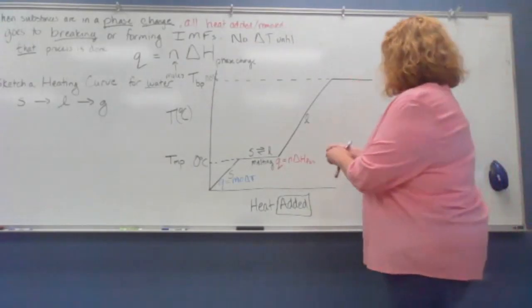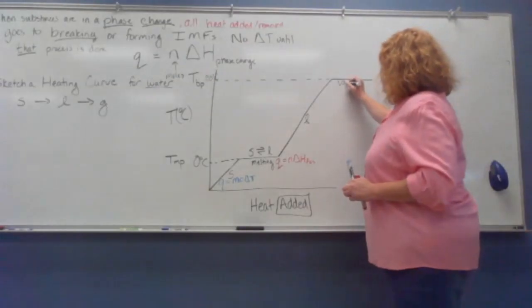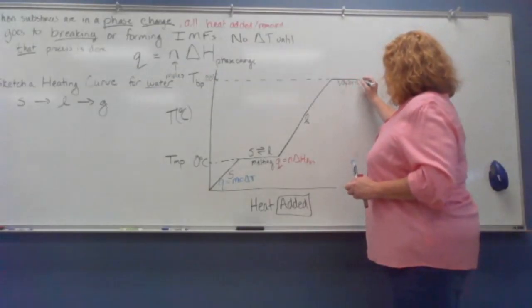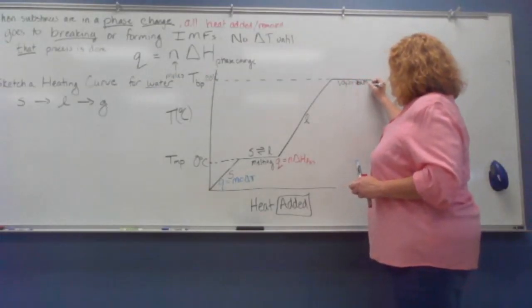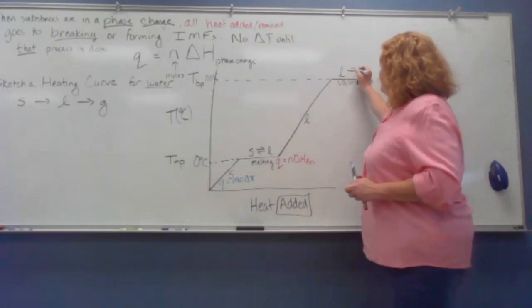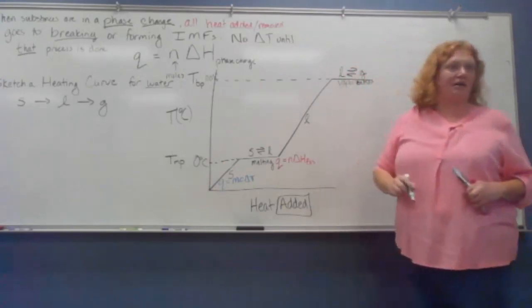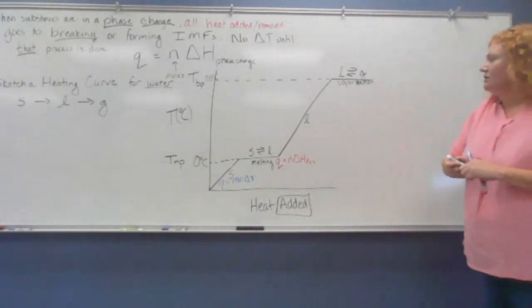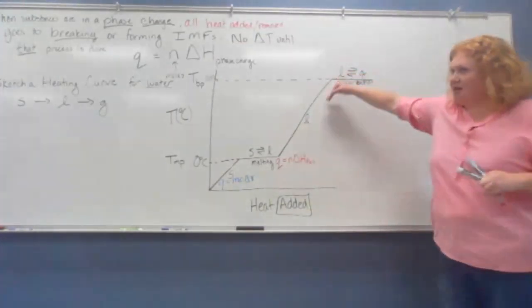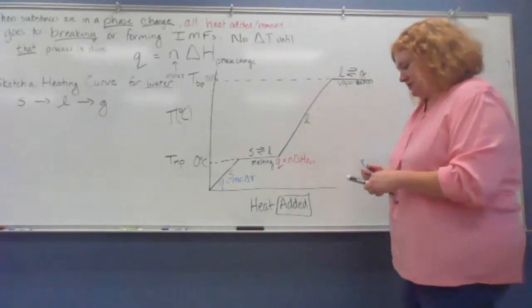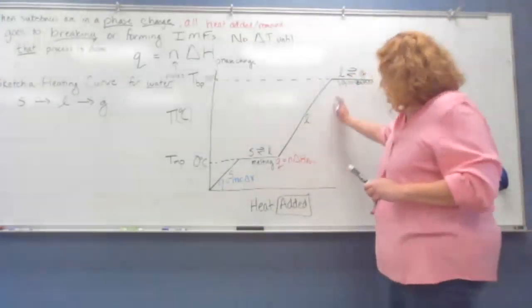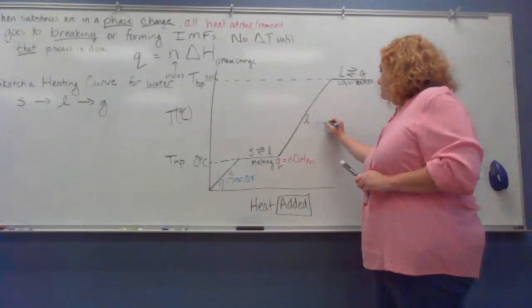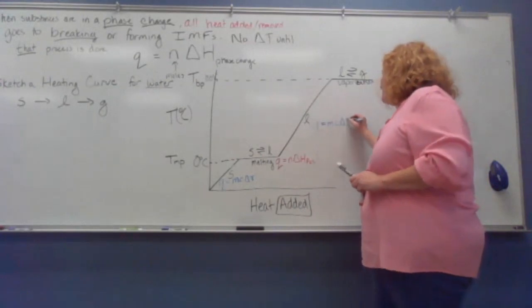What's going on here? We call that vaporization. We have liquid and gas at the same time, boiling above the surface of the water. If I'm just in the liquid phase and I'm heating it, what equation would I use to calculate how much heat was added? mCΔT.